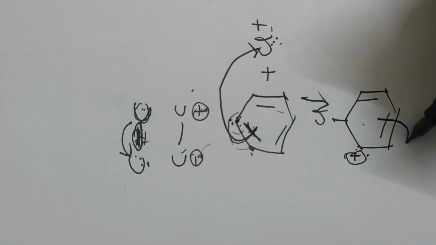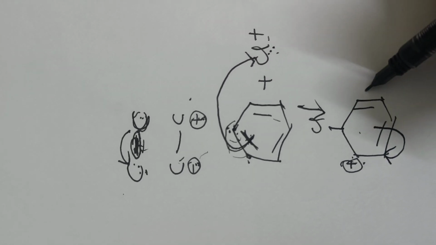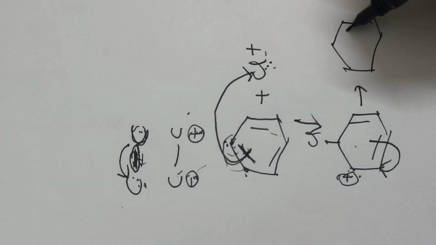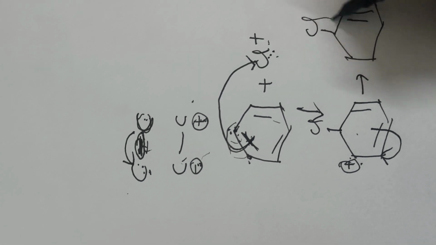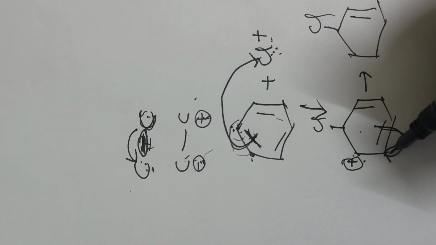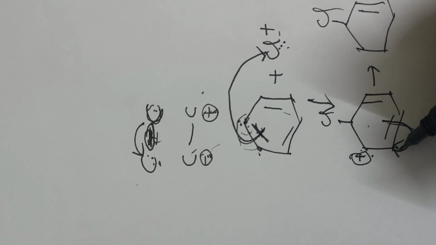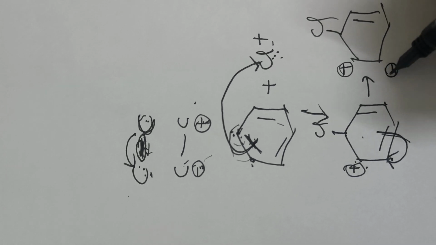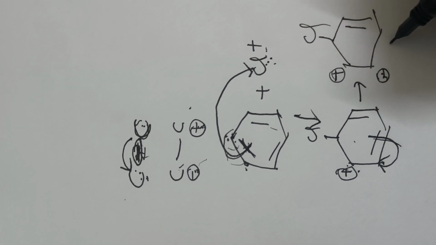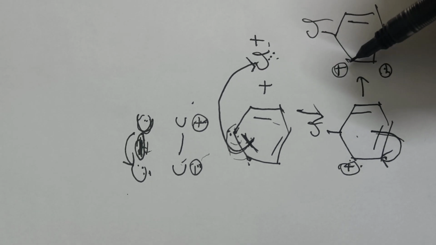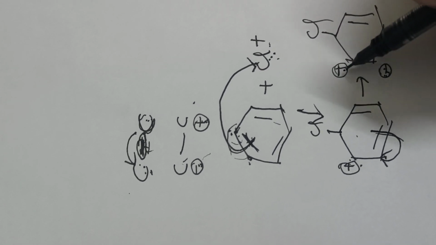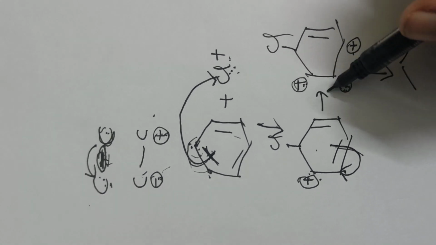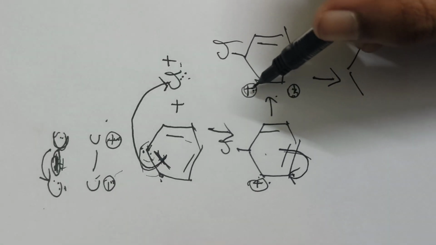And now when this double bond shifts this way, what do we get? This carbon will get an extra electron. It will get a minus, and here there will be a plus. And these two carbons can undergo bonding, because this has an extra electron and this has one less electron.